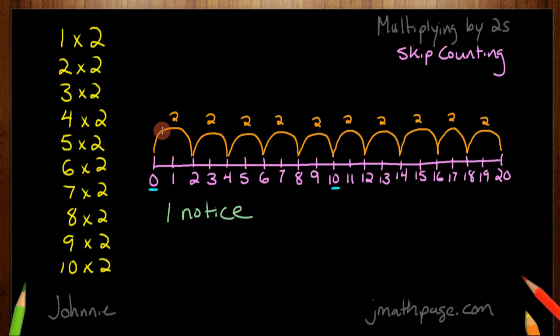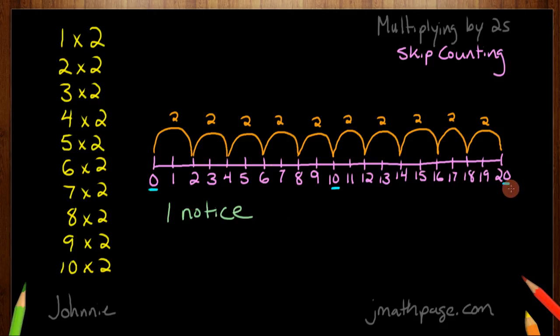So 2's, if I have 0 2's, or I have 1, 2, 3, 4, 5 2's, it ends in 0. But look over here, I see another one. If I continue 1, 2, 3, 4, 5 more 2's, I end up at 20, which also has a 0. So I'm seeing that there's a pattern here, 0, 0, 0.